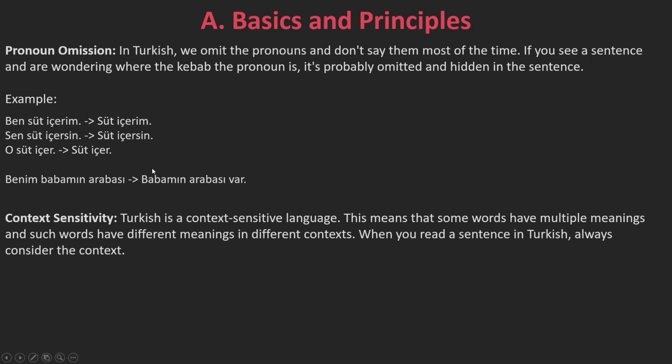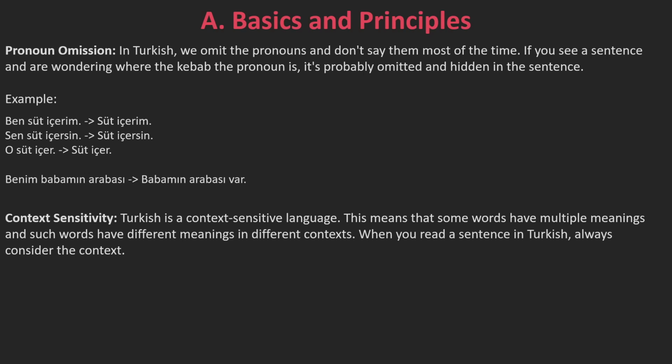Because, as I said in the previous slide, these endings already indicate the person. Like I drink, so I don't need to say ben again. And then you, sin. Sin is for you. Pronouns are used to emphasize, like it is me who drinks the milk. If you want to emphasize it like this, you can add the pronoun, but it is optional, and it depends on the context.